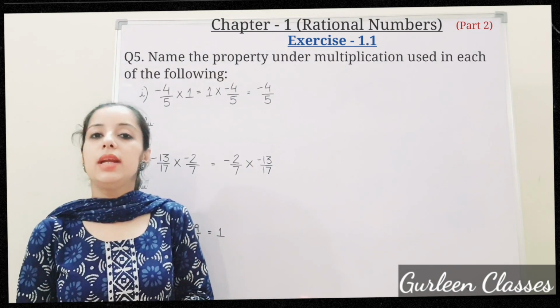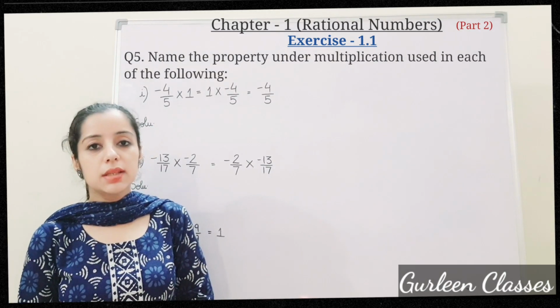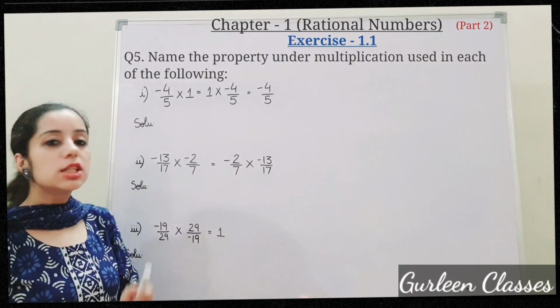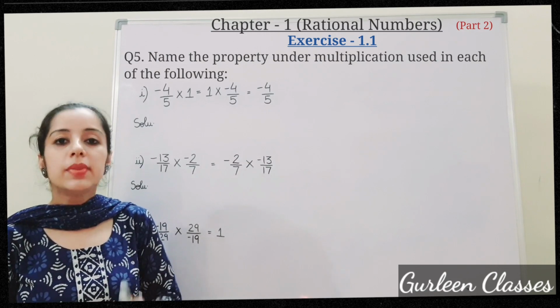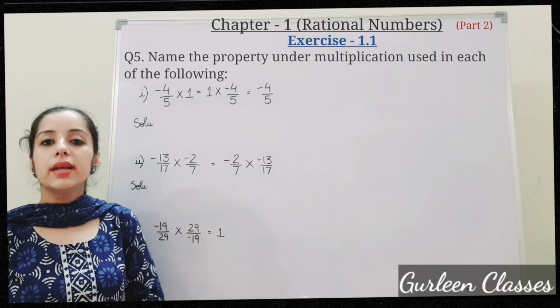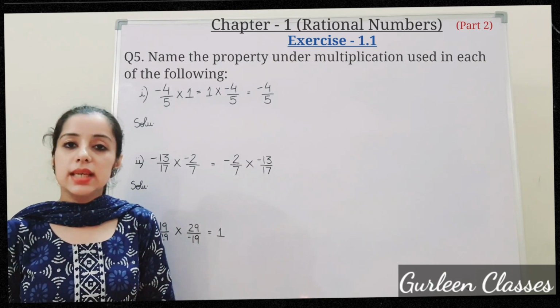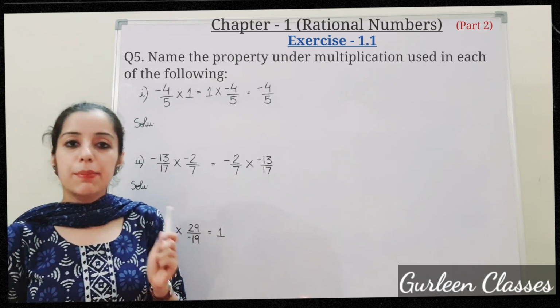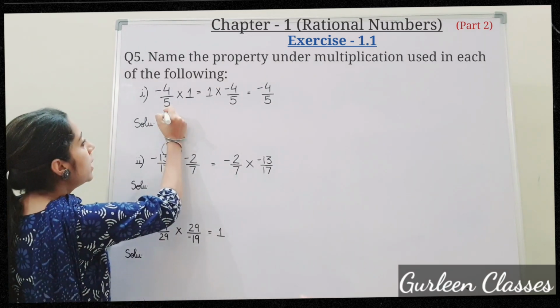Question number 5. Name the property under multiplication used in each of the following. First part, minus 4 upon 5 into 1 is equal to 1 into minus 4 upon 5 is equal to minus 4 upon 5. First, let us see the pattern. Which property is this?